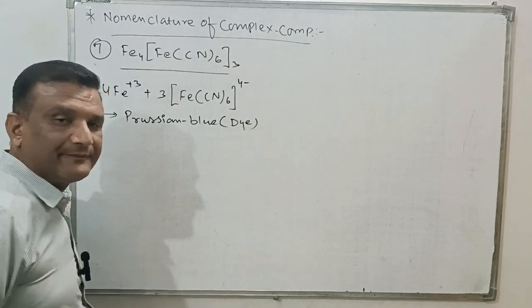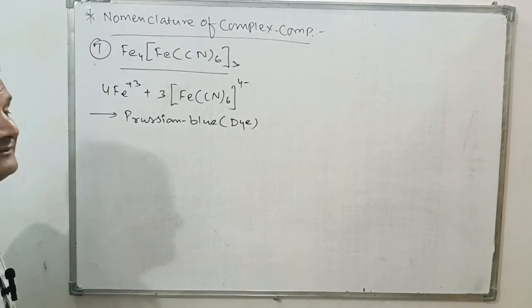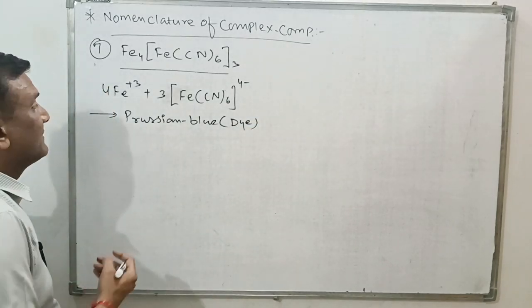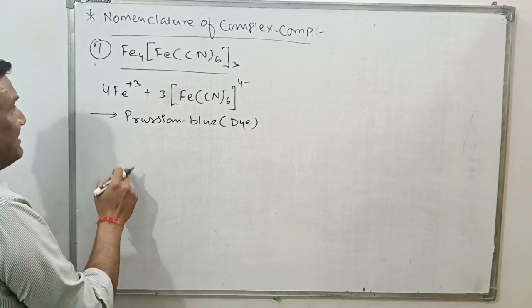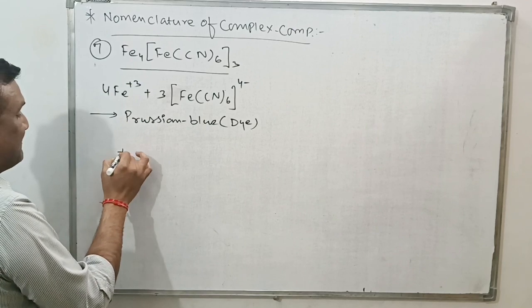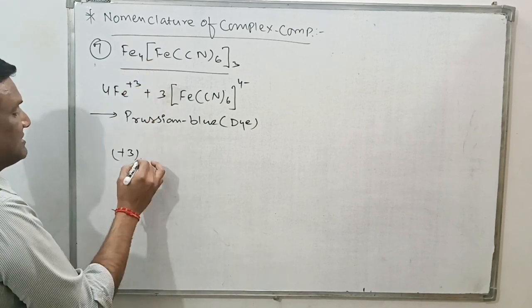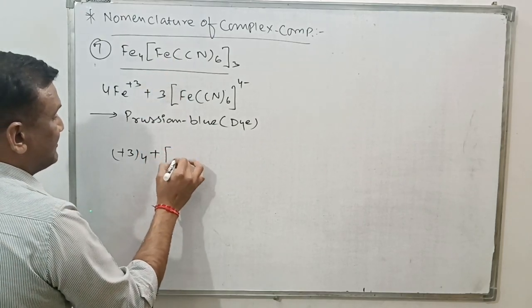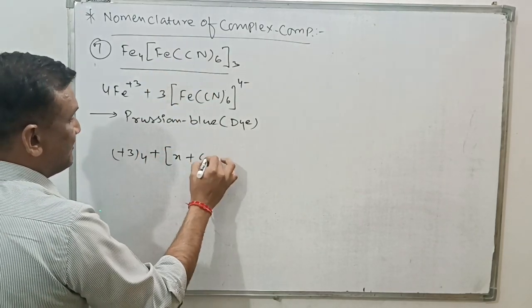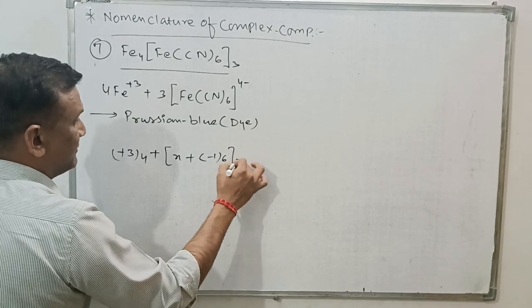It's a blue dye. If we go further, what is the name and oxidation state and so on. We are taking plus 3 as the oxidation state, so Fe will be plus 3. This is the total number 4. Now this Fe is x, CN is minus 1, with subscript 6 and 3.